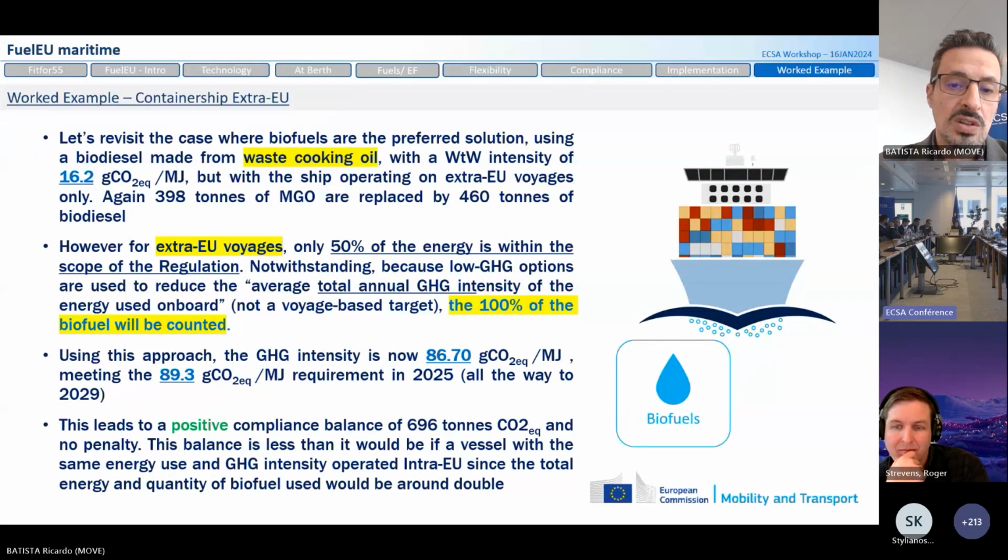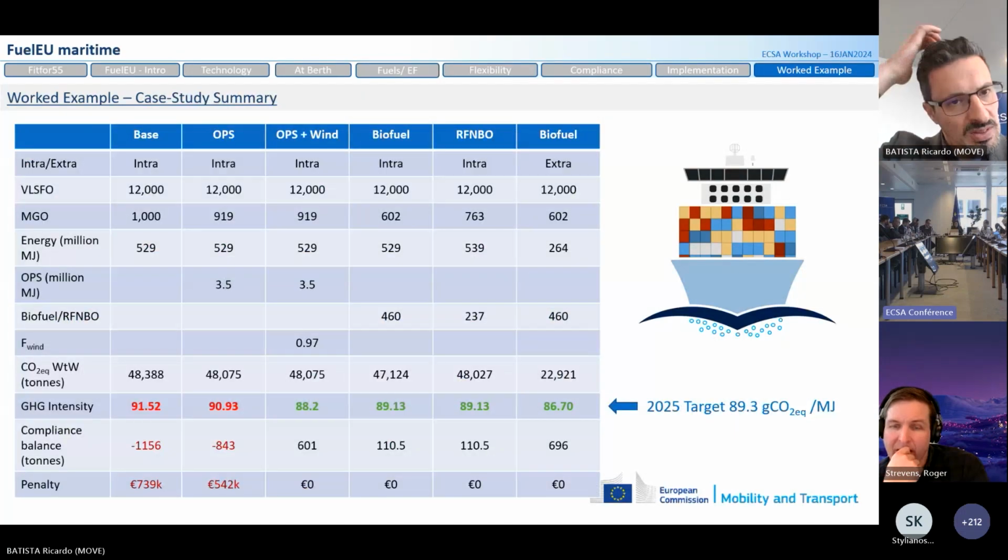In the case, for instance, of a blend, you will not change it halfway through the international voyage just because you're breaking your 50-50 in the international context. So here we acknowledge that all renewable and low carbon fuel investment should be rewarded in the context of the international extra EU voyages.